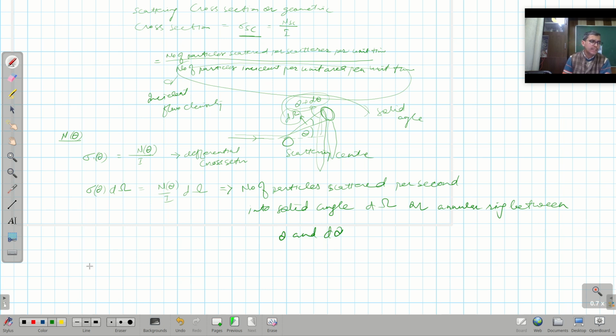Therefore, from here, if I do a little algebra, I can write N theta d omega is equal to I sigma theta into d omega, and this is basically the number of particles, right?